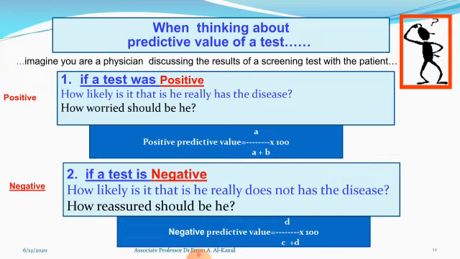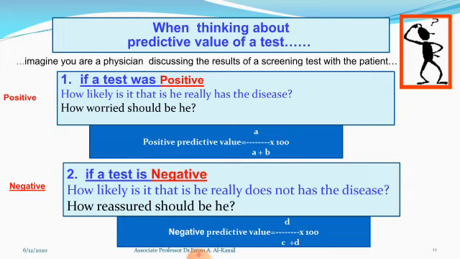How worried should he be? That means the positive predictive value of a screening test tells how much the individual should worry about the presence of the disease. While for the negative predictive value, how likely is it that he really does not have the disease, and how reassured should he be.